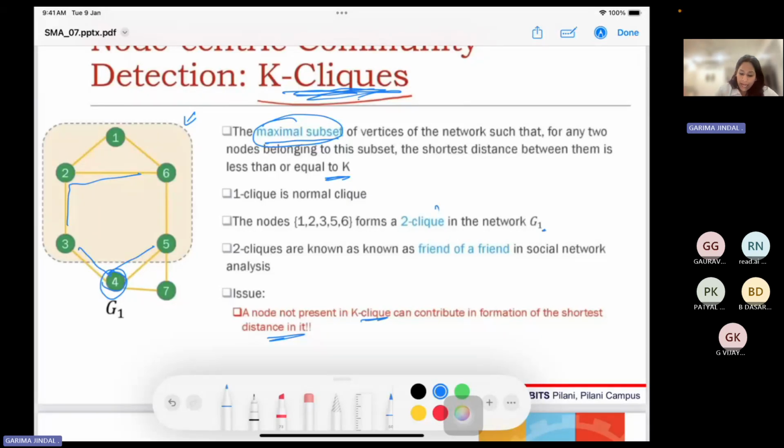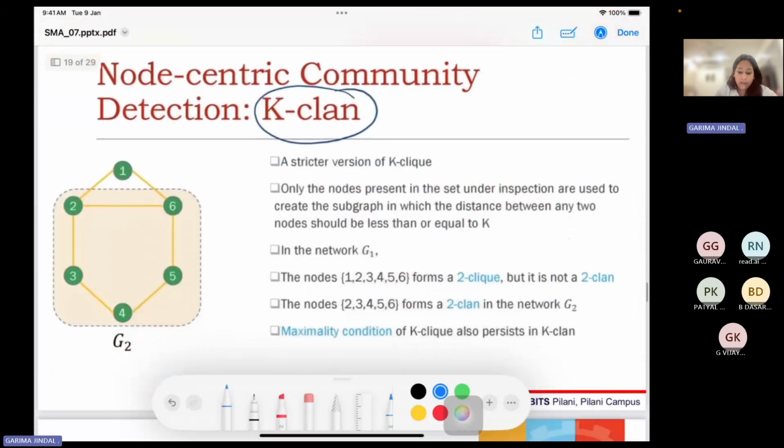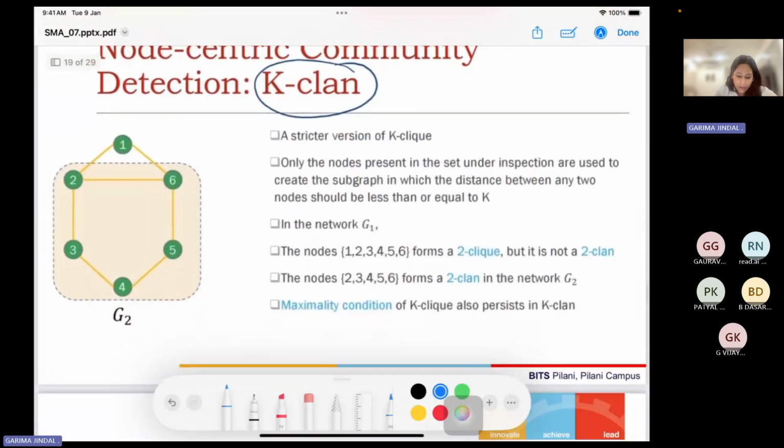Maybe I should implement this condition that the induced subgraph itself should have the shortest paths. I should not consider any node outside this k-clan for the shortest paths.